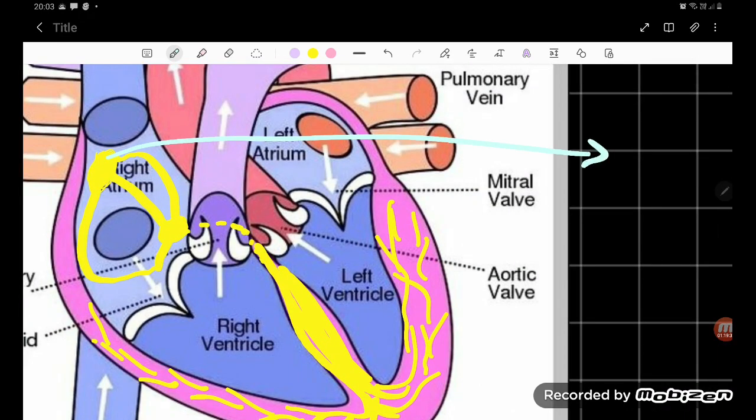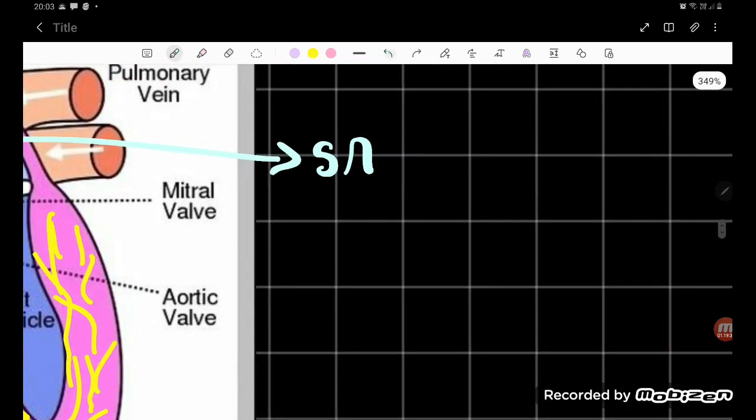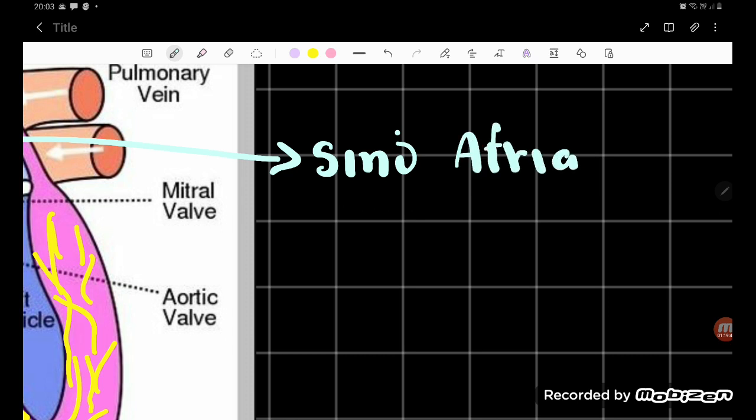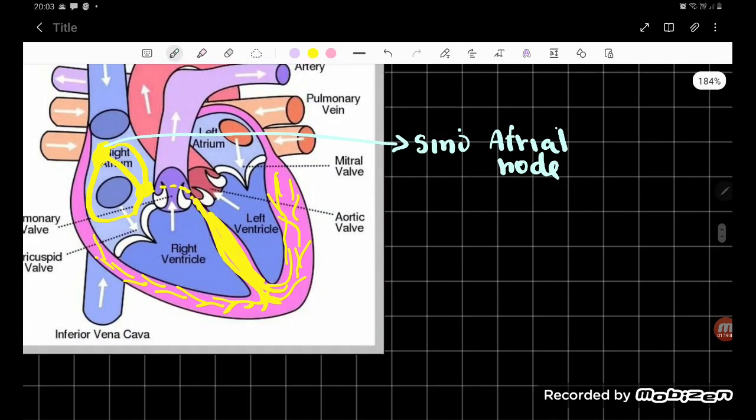So this right here is the SA node, the sinoatrial node. The one following it is the atrioventricular node. I have to write it down.